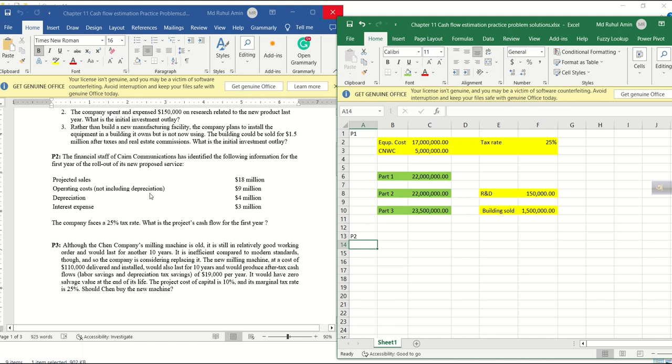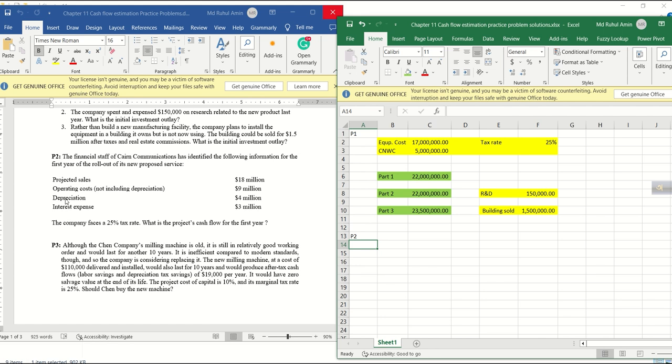The financial staff of Cairn Communications has identified the following information for the first year of the rollout of its new proposed service. Consider project sales, operating cost, depreciation, and interest expense.